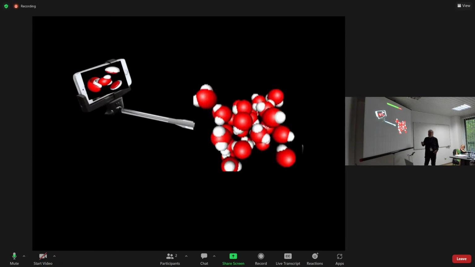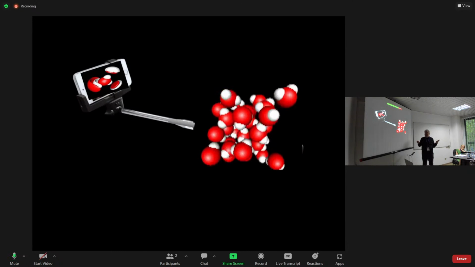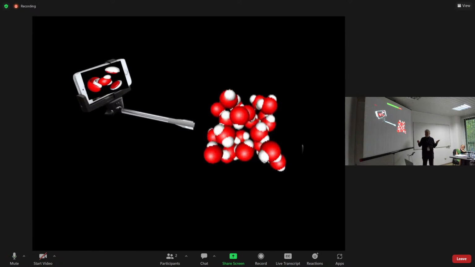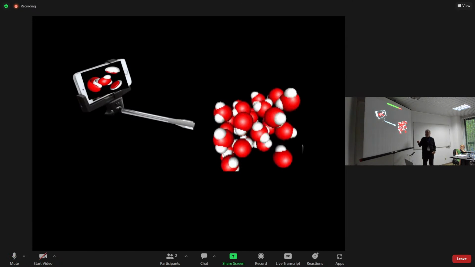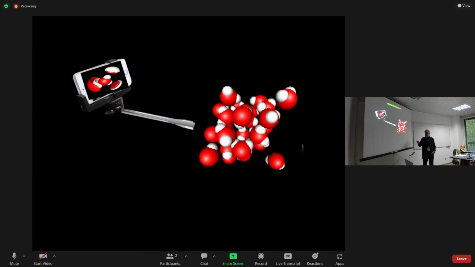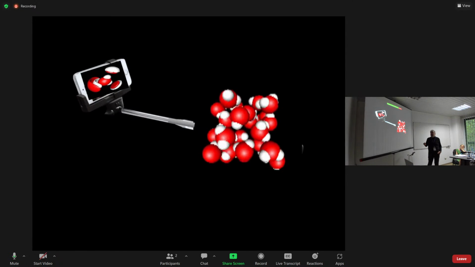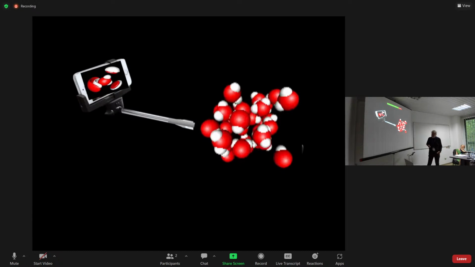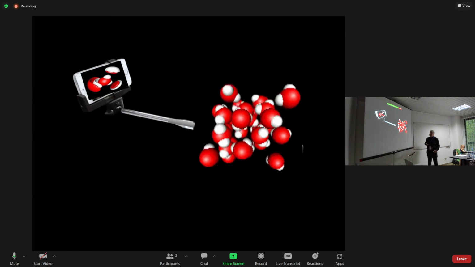So this water molecule stands still, whereas all the other molecules are moving. And this picture also shows that this water molecule donates two hydrogens to these other water molecules, hydrogen bonds, and also it accepts two.